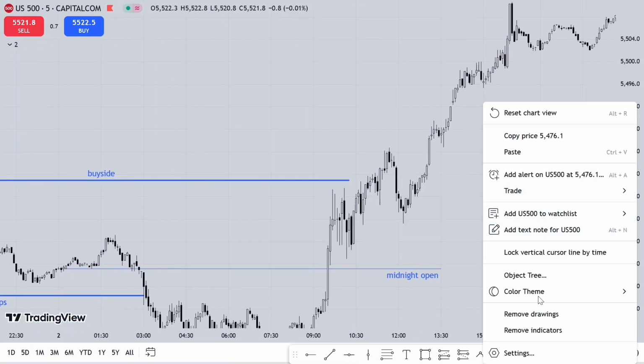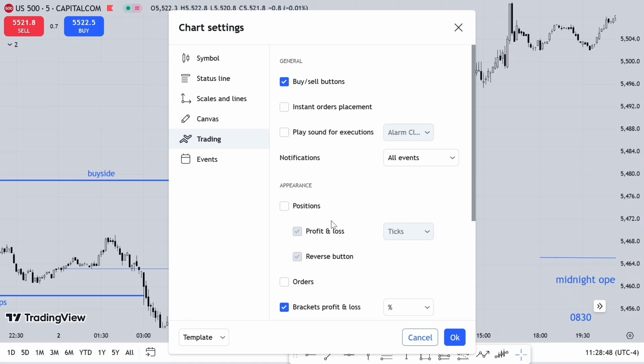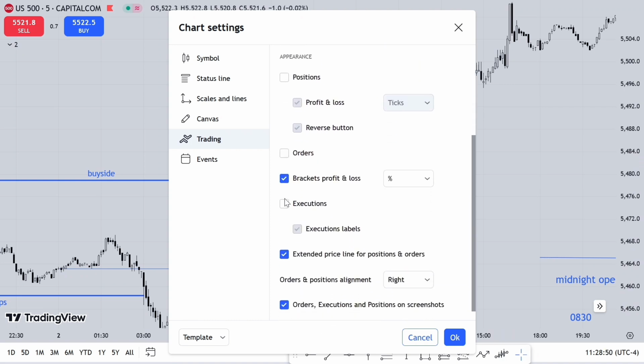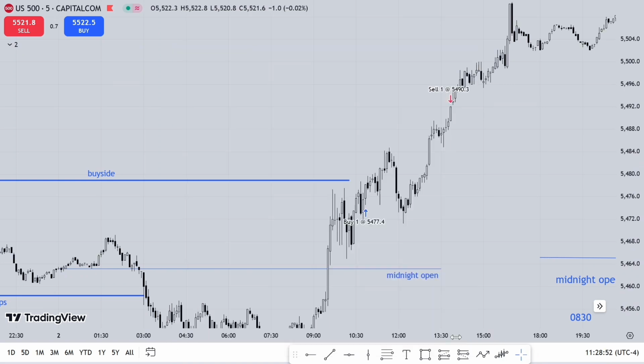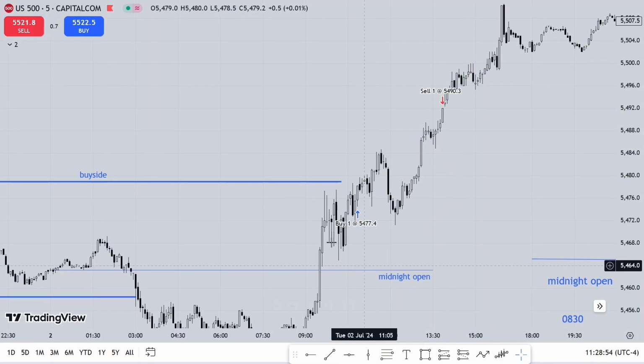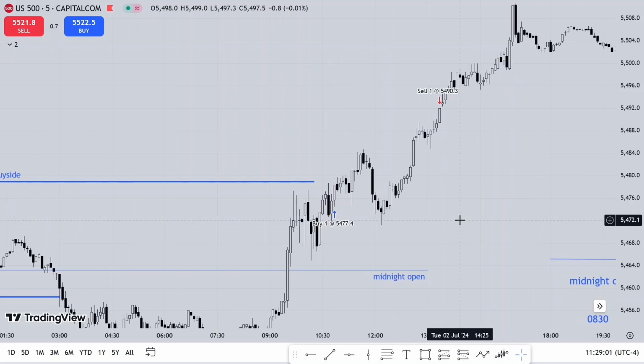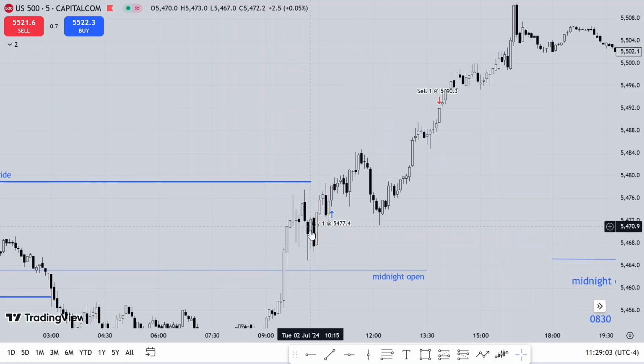This was the setup for yesterday's trading. So we bought this when price made this retracement inside of this fair value gap here, after making this order block.